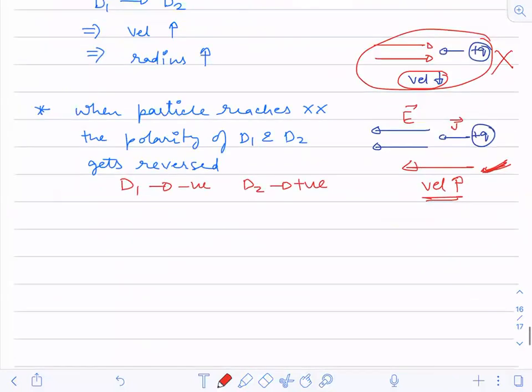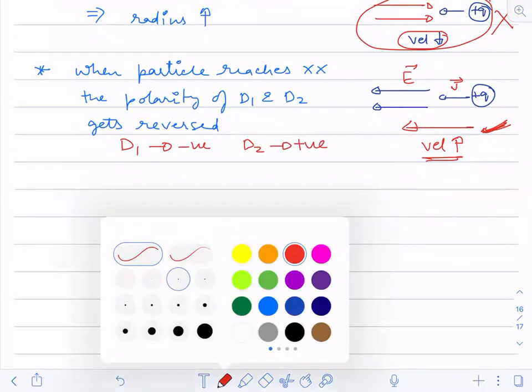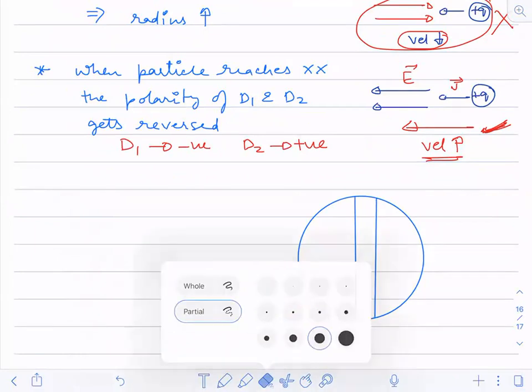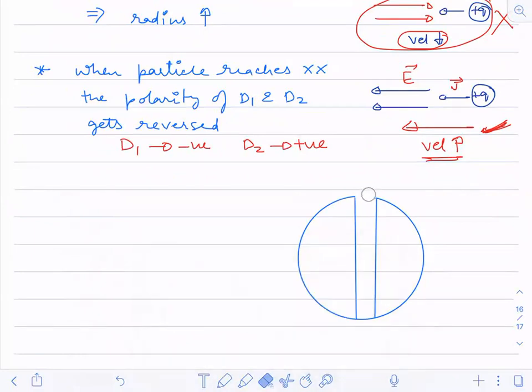So now what will happen? The situation will look somewhat like this. So this will now become negative and this will become positive.